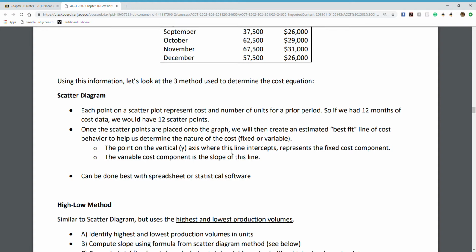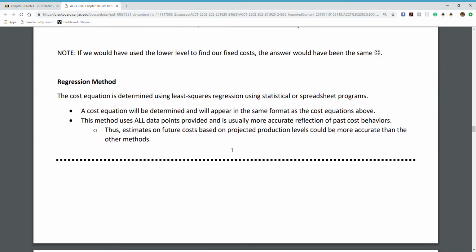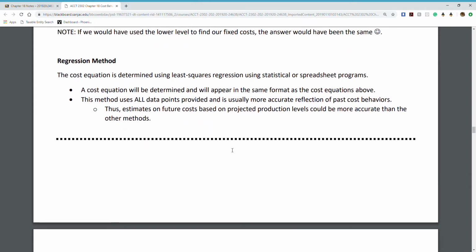The second method, which we're not going to mess with, is regression. And regression is determined using least squares regression. And again, you can use a calculator or spreadsheet programs. A cost equation will be determined and will appear in the same format as the cost equation above.